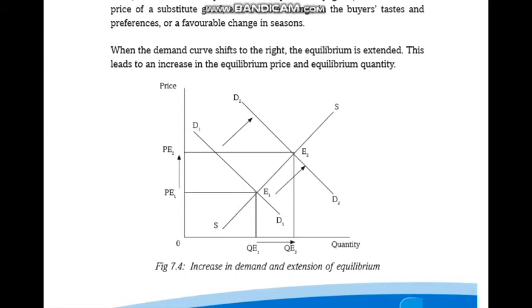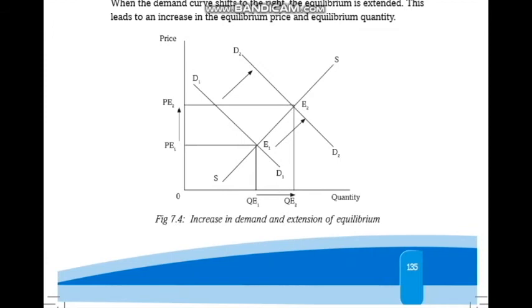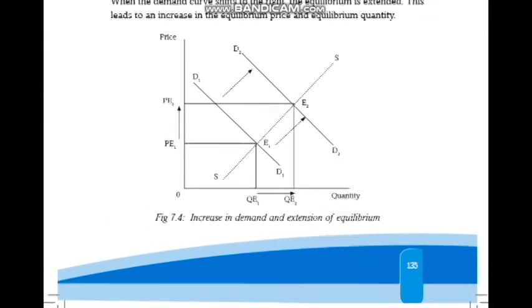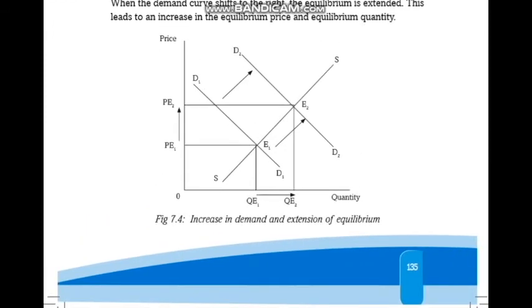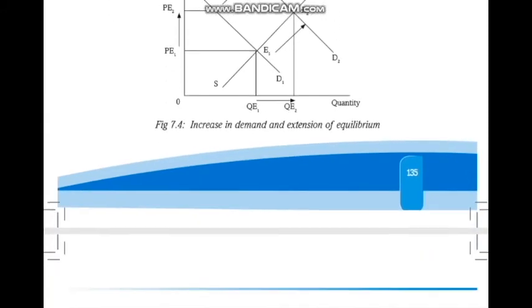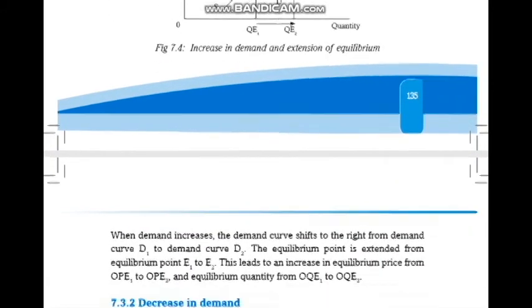This leads to increase in the equilibrium price and equilibrium quantity as shown on this graph. So there is an increase as you are looking at the two arrows that indicate the increase from demand 1 to demand 2. Yes. So increase in demand and extension of equilibrium.